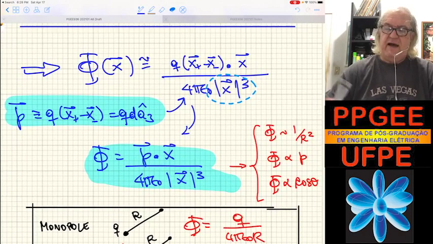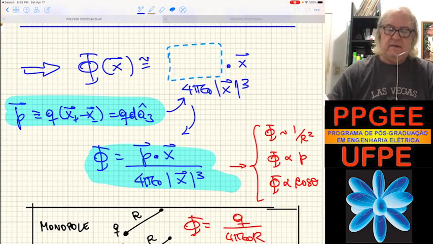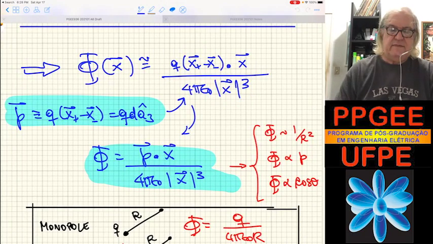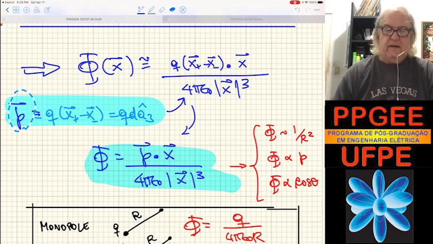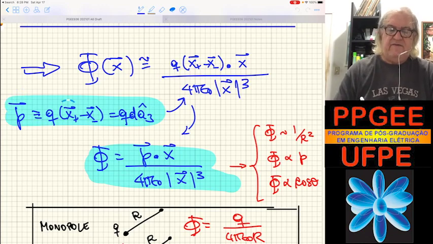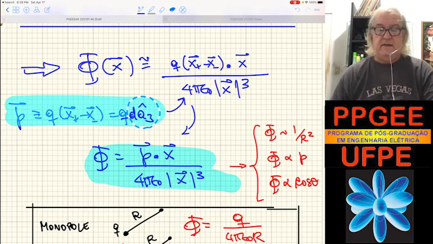And then we define this parameter. This is a vector, right? So this vector we call P, which is this difference here, simply d az.